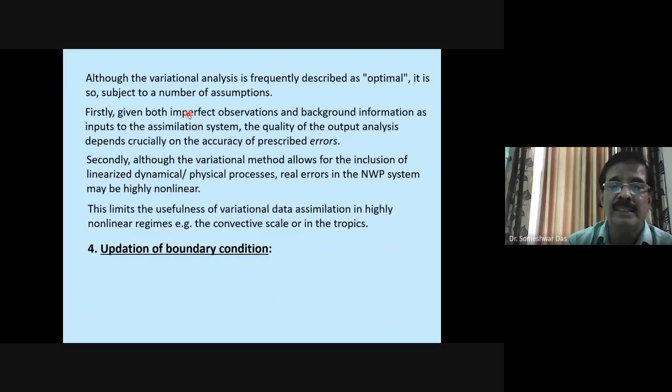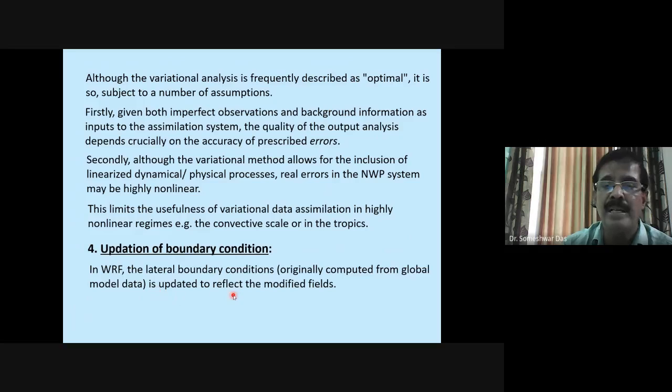So that was the third part of the 3D VAR. Now the fourth and last part of the 3D VAR is that after you have obtained the analysis at your domain at the model grid points, then you have to update your boundary condition accordingly with the new observations in the domain, right? And that is the job of the fourth part. So in WRF, the lateral boundary conditions are originally computed from the global model data, because initially we prescribed the boundary condition from the global model.